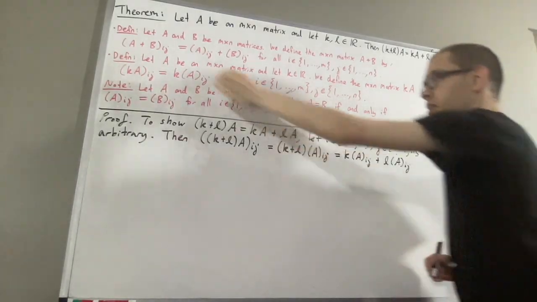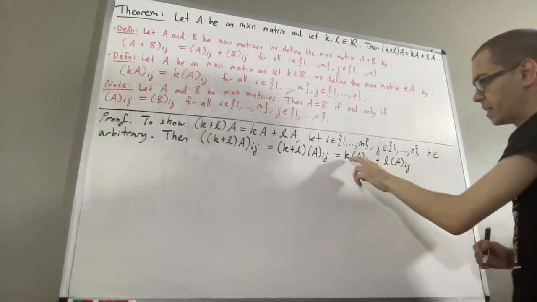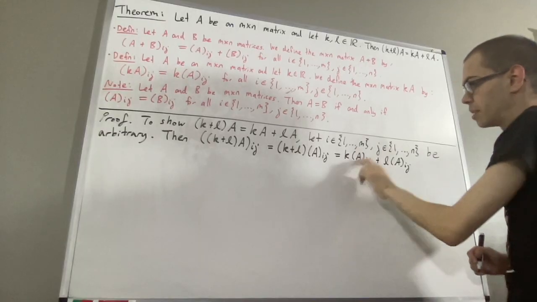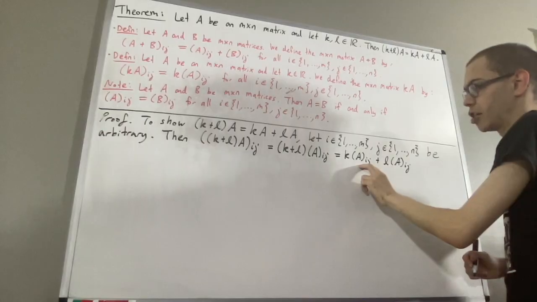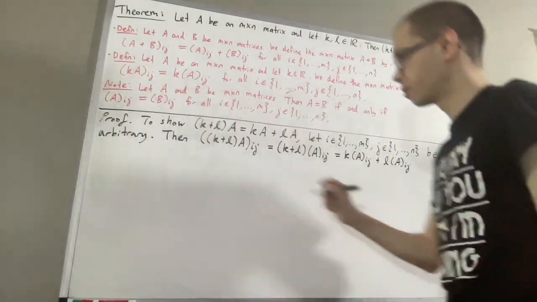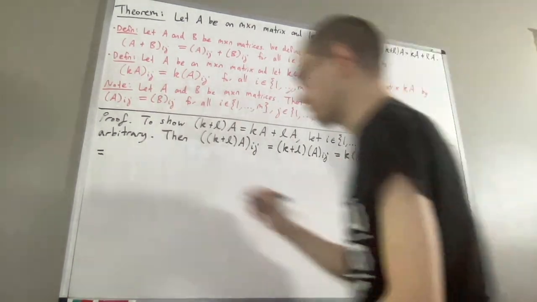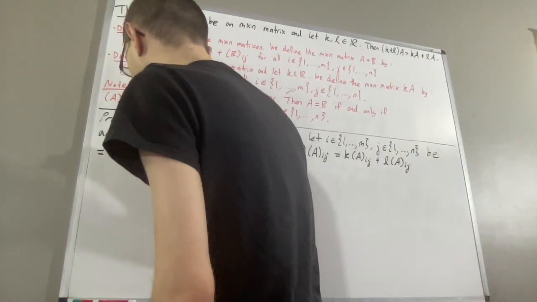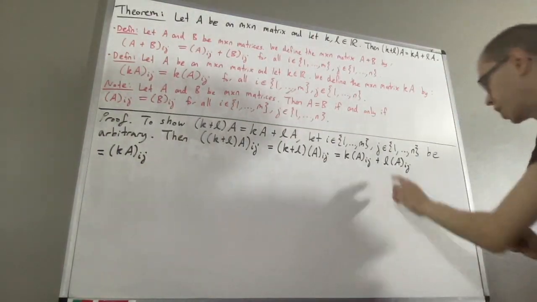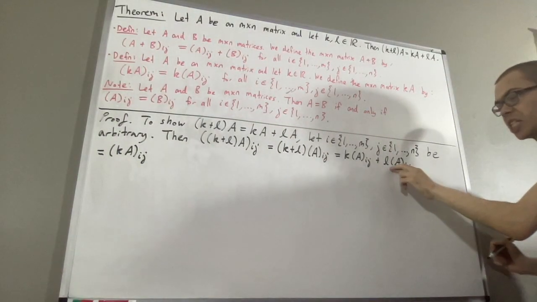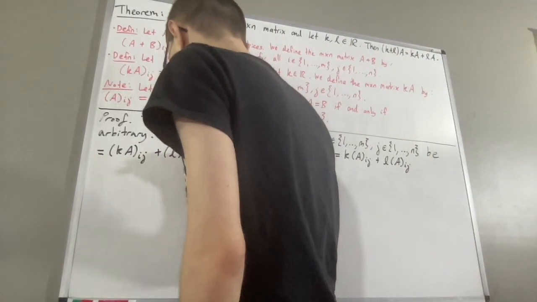Well, we can apply the definition of scalar multiplication again, because we see that K times the ij entry of matrix A is precisely the ij entry of matrix KA. So essentially, we're just moving the K inside this parentheses. This is just the ij entry of matrix KA. Similarly, we can move the L inside this parentheses. That's just the ij entry of matrix LA. So really, we just get this.